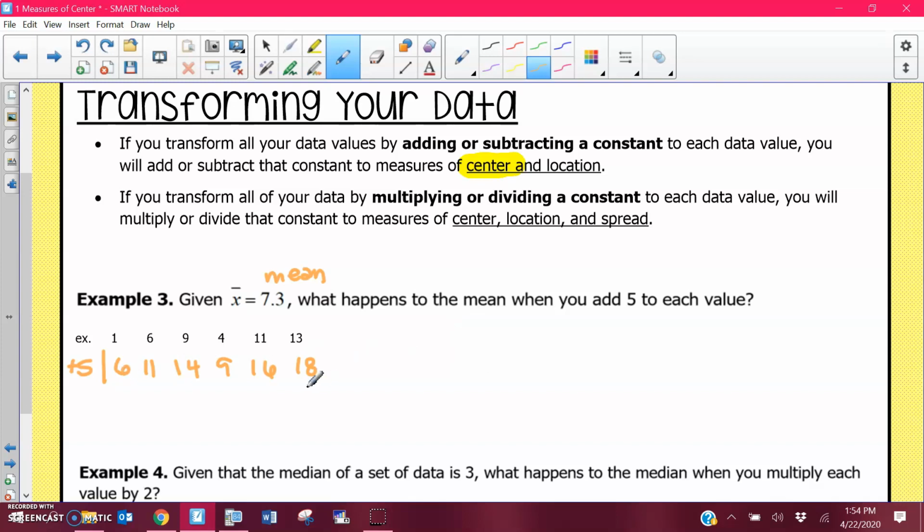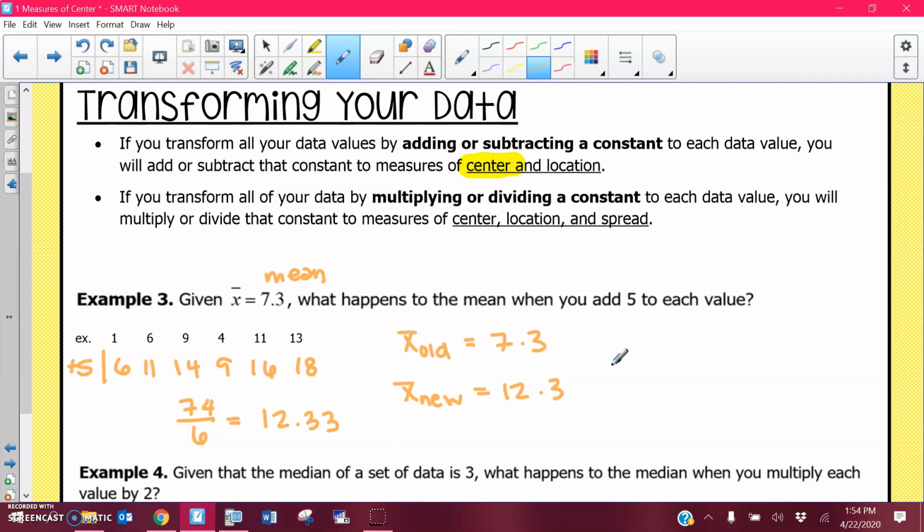So if I add up all the points, again, I used my calculator, I got 74. 74 over 6 is 12.33. So if we compare the old mean, it was 7.3, and the new mean is 12.33. You notice here that all I did was add 5 to the mean, which makes sense.